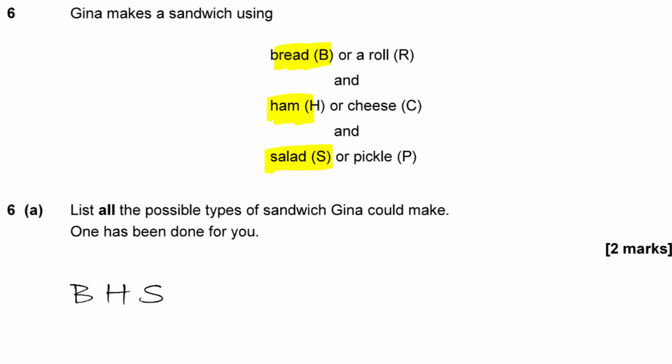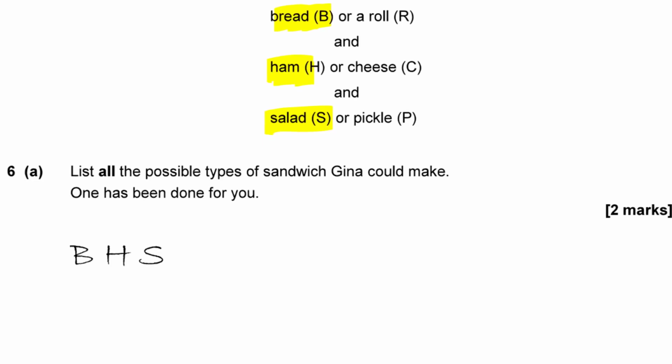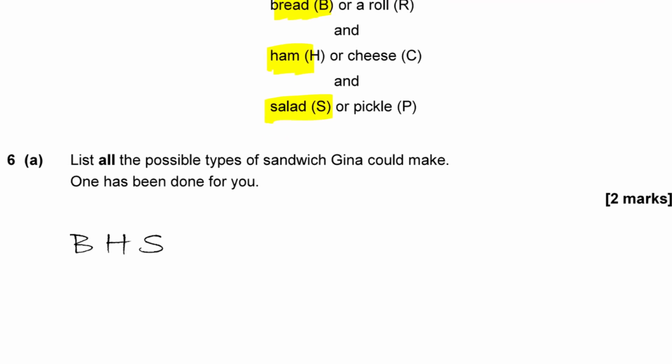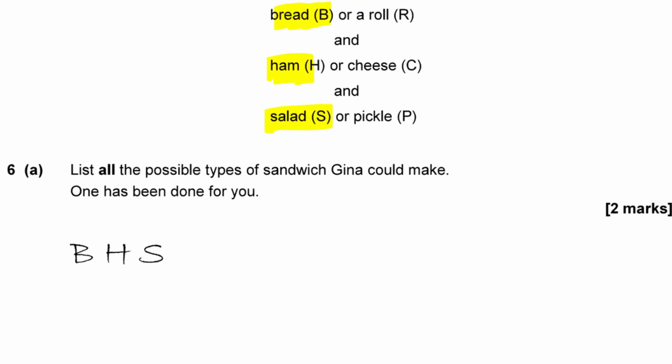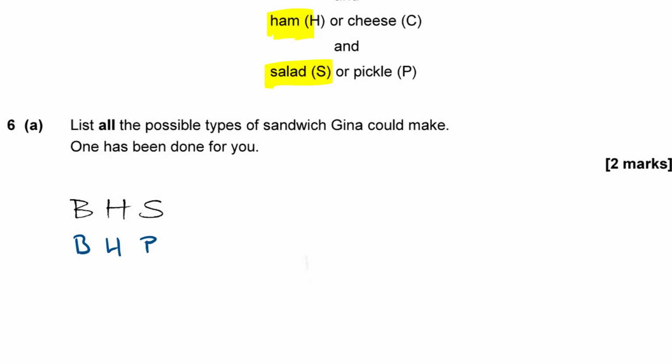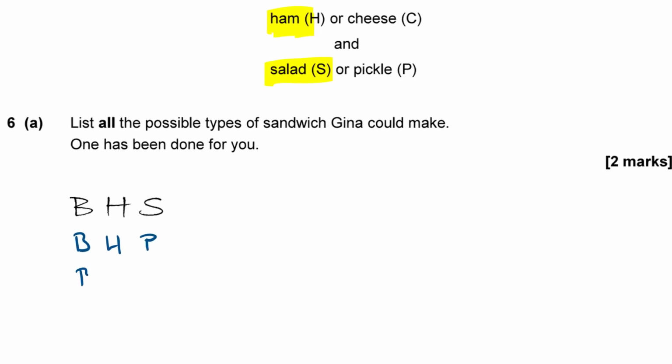Now I try to do these systematically, so you keep as much the same as you can and go through it in an ordered way. So let's keep the first 2 letters the same first off and then switch the last one. So we could have bread, ham, but instead of salad we're going to have pickle. Now I'm going to try and keep bread the same as long as possible.